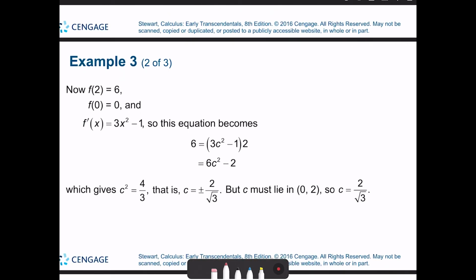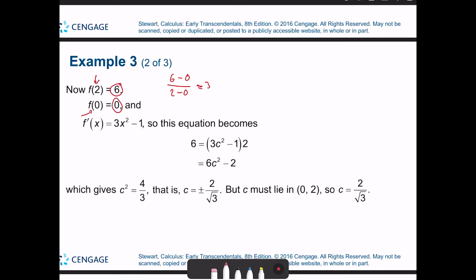So what's happening on this slide is we're finding the y coordinate at the right-hand end of the interval when x is equal to 2, and we're finding the y coordinate at the left-hand end of our interval when x is equal to 0, which means that the slope between those 2 points is going to be 6 minus 0 over 2 minus 0, so that's going to be a slope of 3.